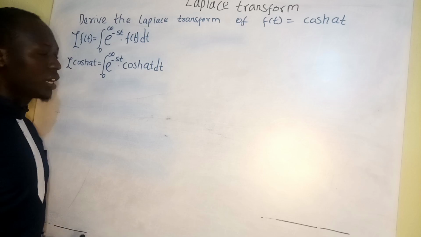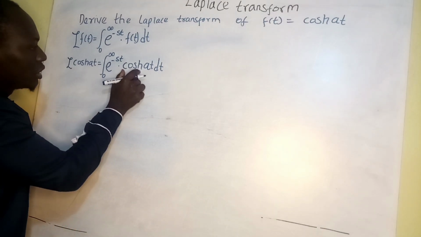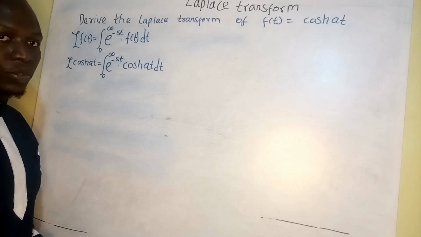At this point, the only thing that we are required to do is change the cosh at into an exponential.